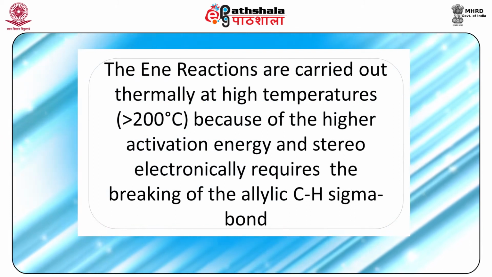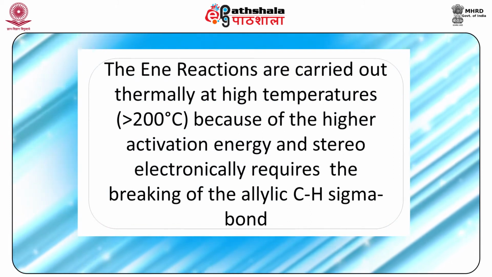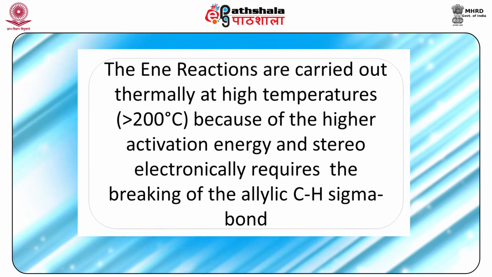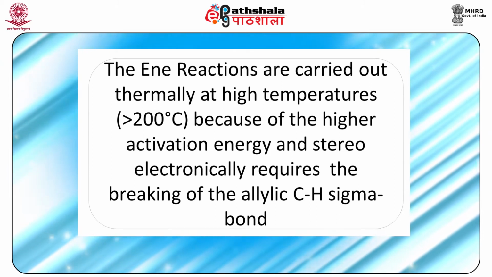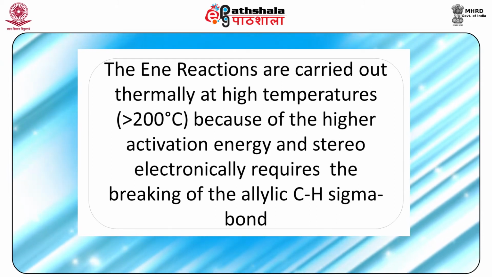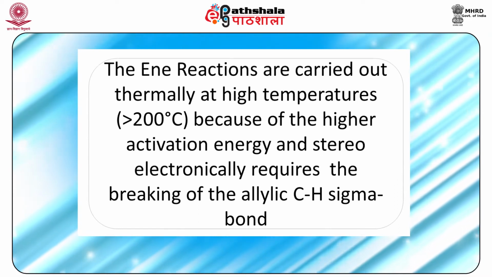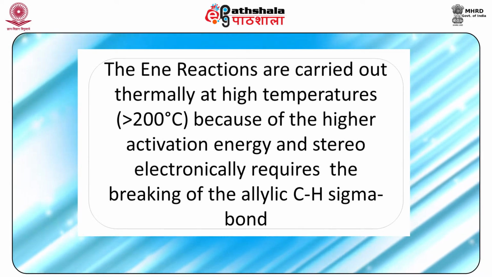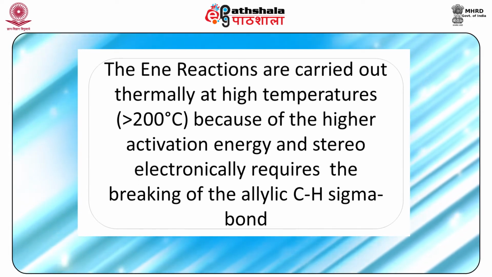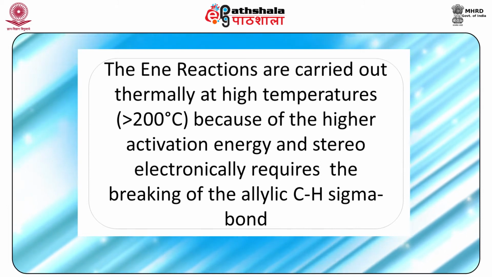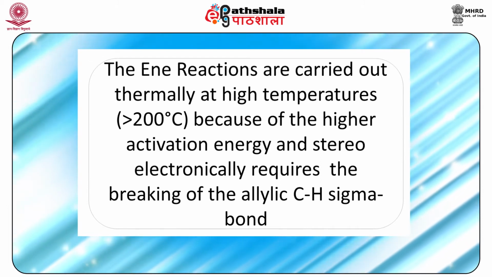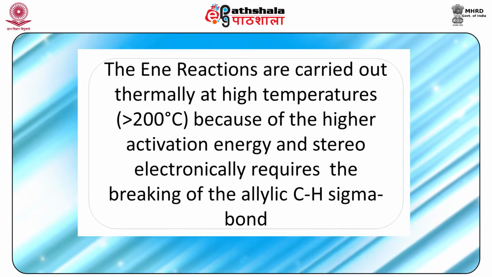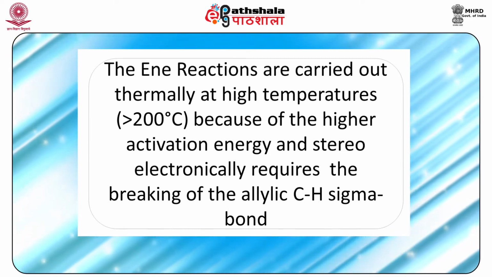Let us talk about the Lewis acid catalyzed ene reaction. The ene reactions are carried out thermally at high temperatures, higher than 200 degrees Celsius, because of the higher activation energy, and stereoelectronically requires the breaking of the allylic CH sigma bond.